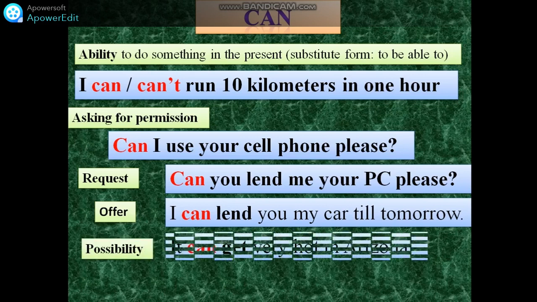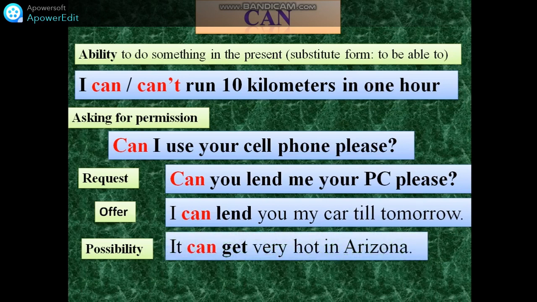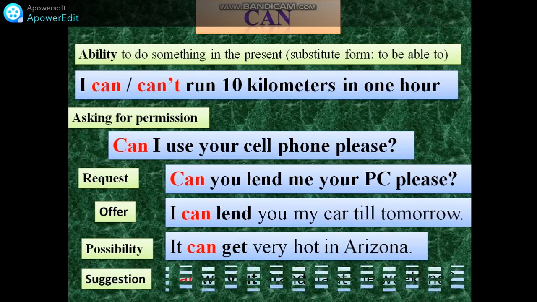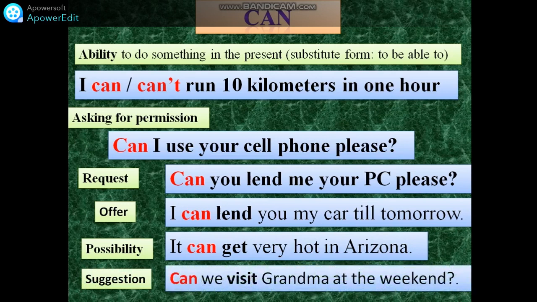For example, it can get very hot in Arizona, which means in that place in America, there's a possibility. And the last one, can means suggestion. For example, you can say, can we visit grandma at the weekend? Here you are suggesting visiting your grandma.